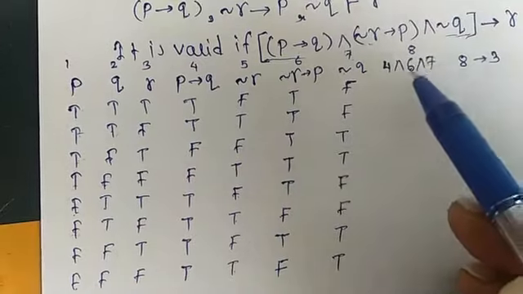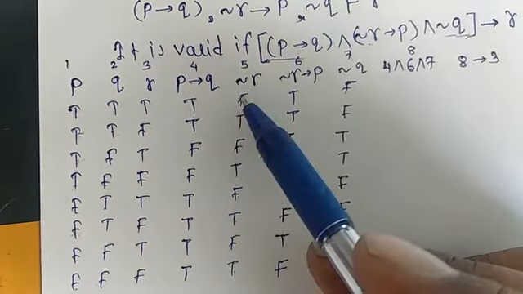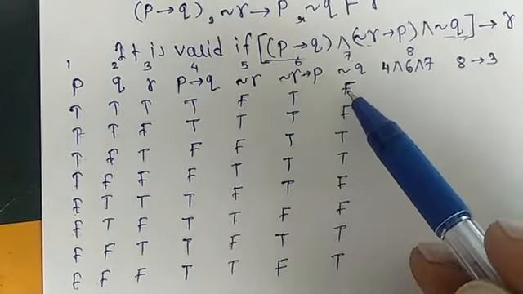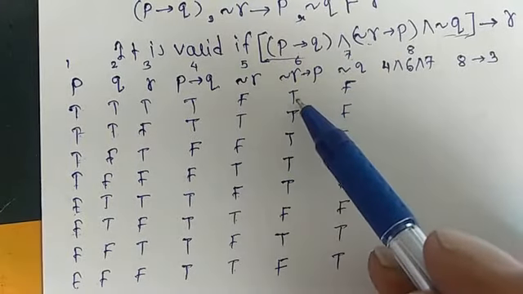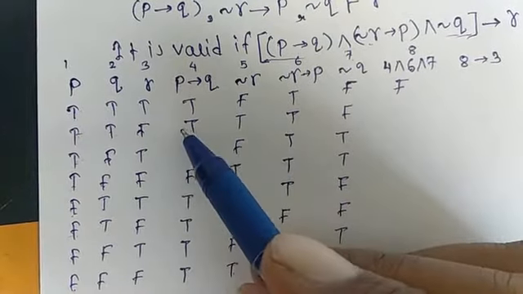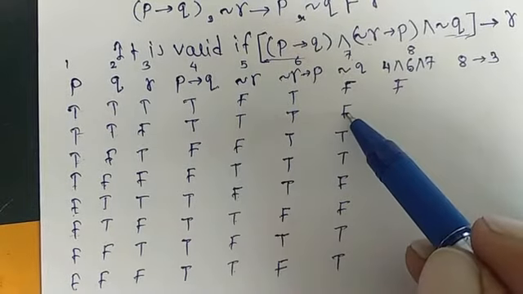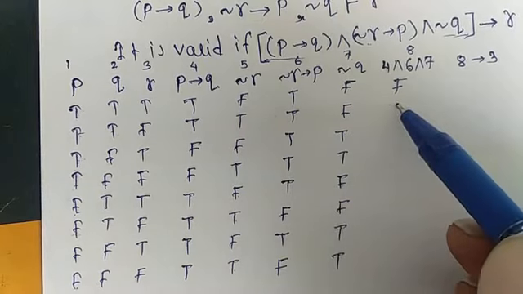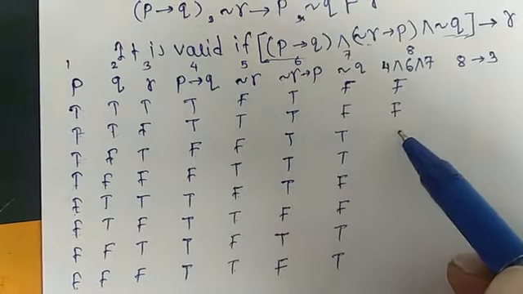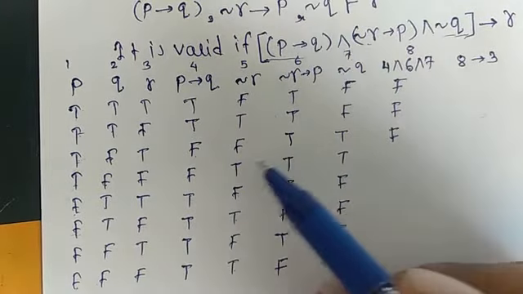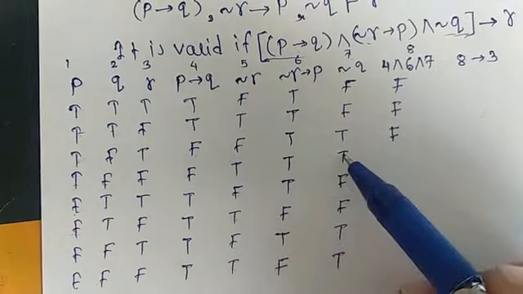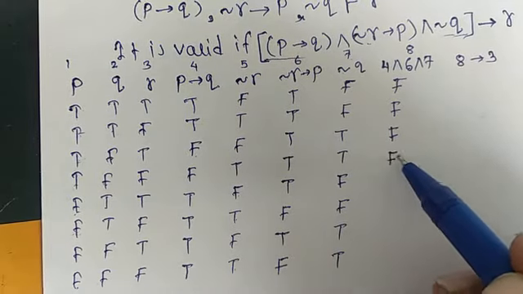Okay, so we have to take the AND of these three, columns 4, 6 and 7. So here it is true, true and false. So it will be false because one is false. Next, in the second, true, true, false, again it is false. Next, in the third, false, false, true, it is false. Next, false, true, true, it is false.